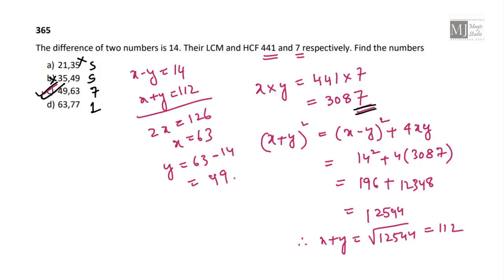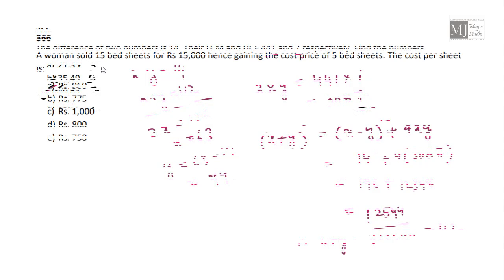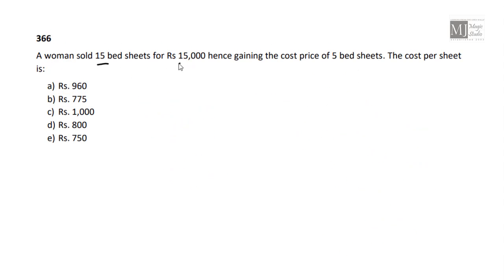Answer 4963. A woman sold 15 bed sheets for rupees 15,000. That means selling price of one bed sheet is 1,000. Hence gaining the cost price of 5 bed sheets.